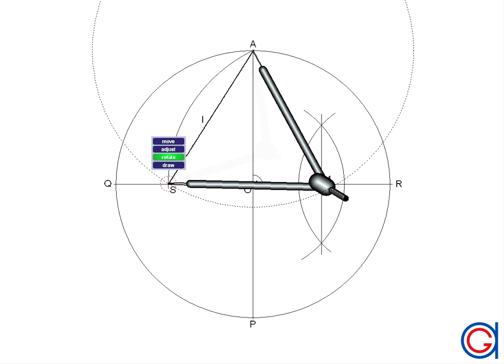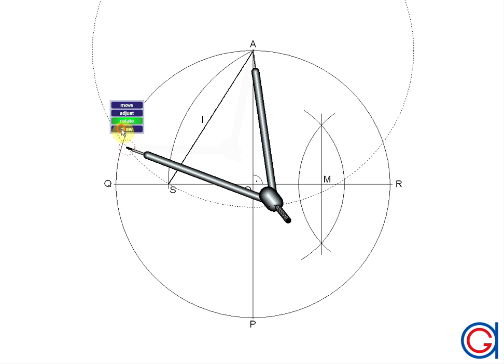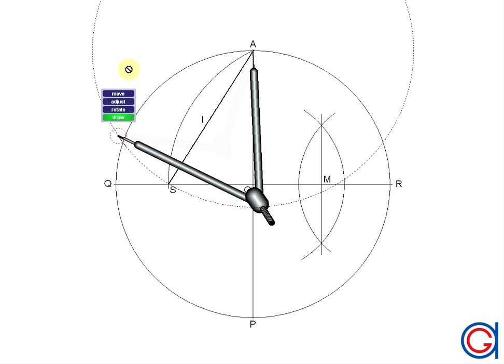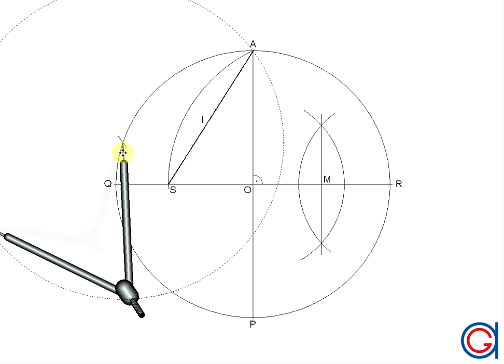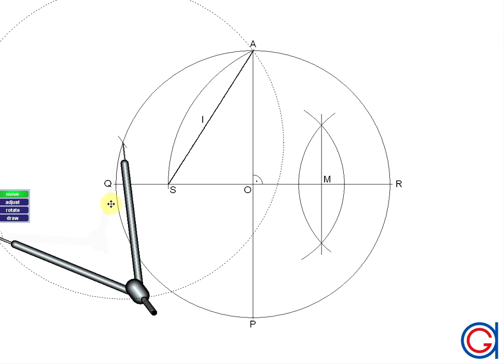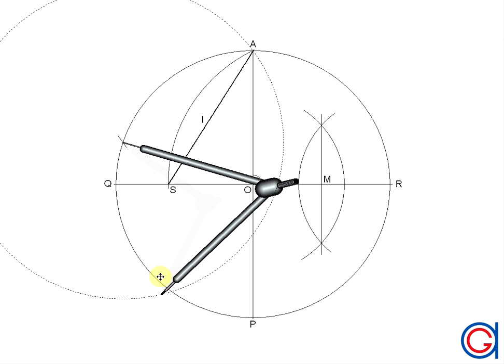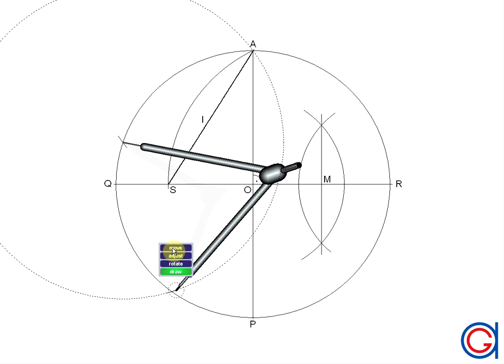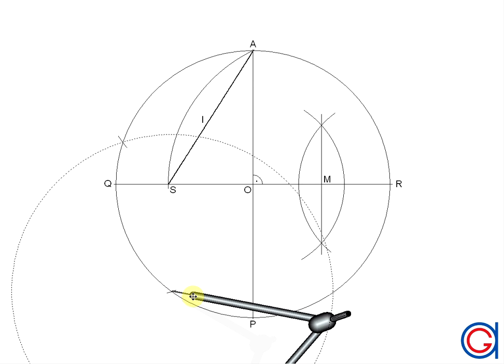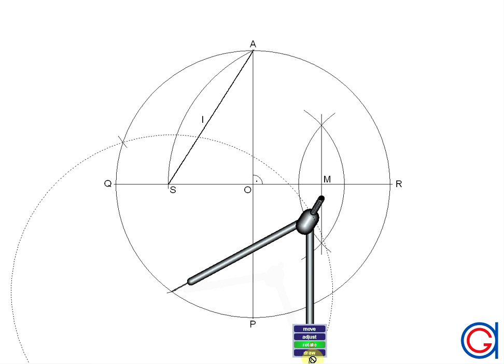So the next step is, with our compass, we want to transport our length L onto our circumference 5 times, starting at point A. So as you can see, we scribe our first point. Now setting our compass on this point, we scribe our second point. Again, following this process, we set our compass on our third point and scribe our fourth.